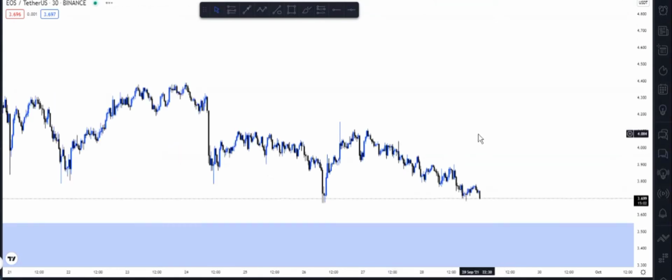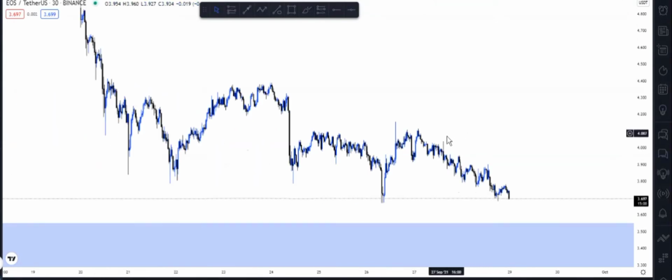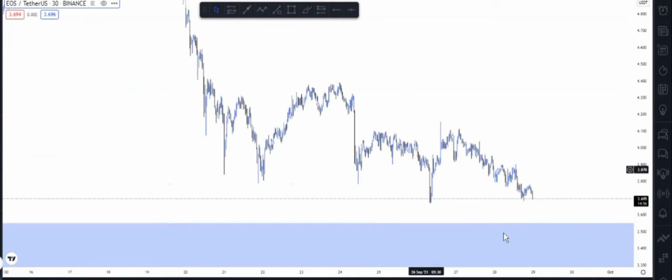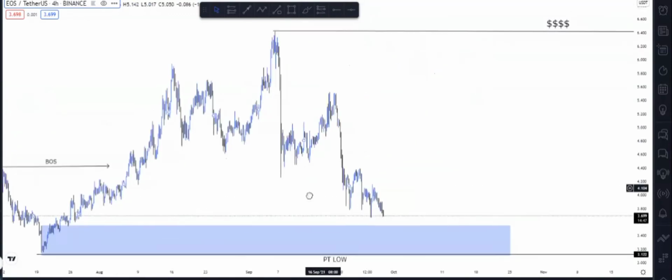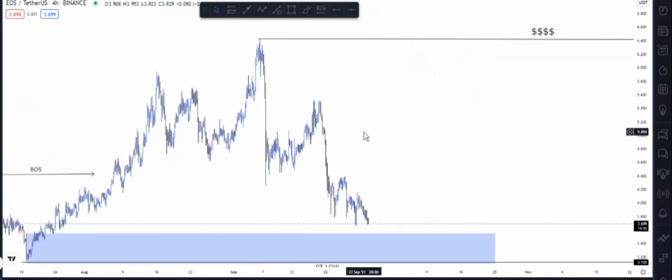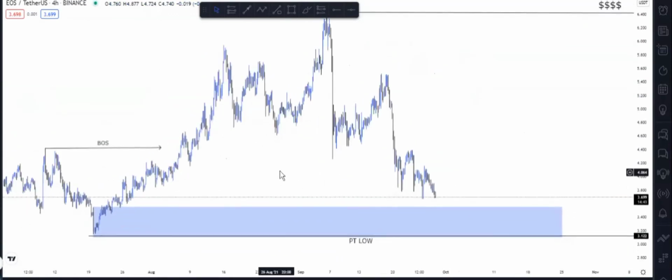So I just want to see maybe a shift in structure in a lower time frame, and there's nothing. It's because it hasn't yet entered my zone. So that is legit everything. This is how I trade. This is how I look at it, and you see how perfectly smart money concepts work.